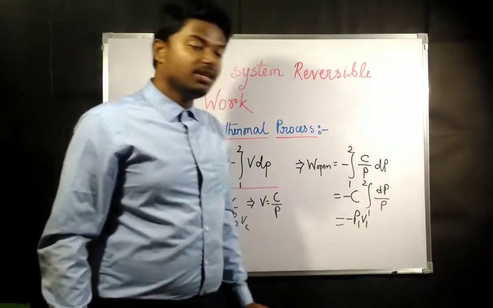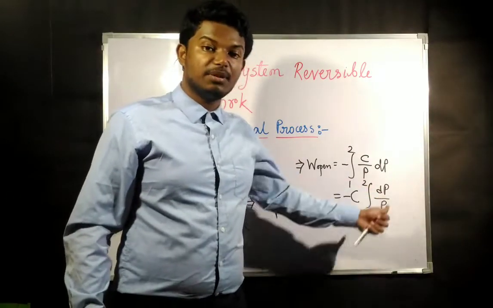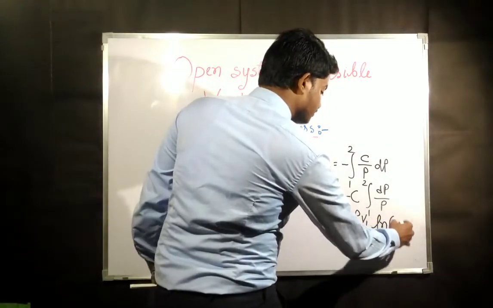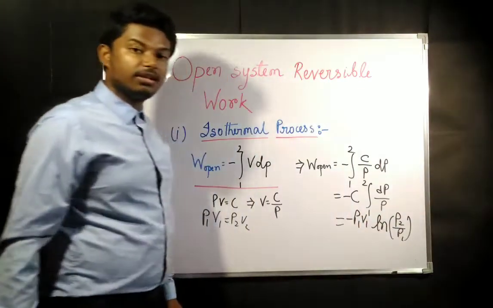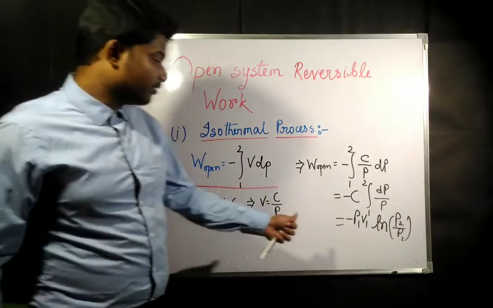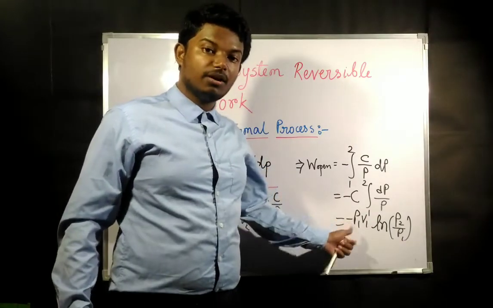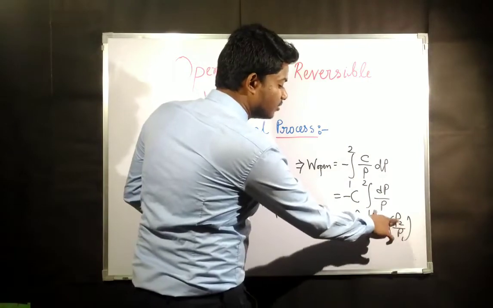Now the integration of dp by p gives us the natural log of p2 by p1. The negative sign is there; to remove it, we take the reciprocal.